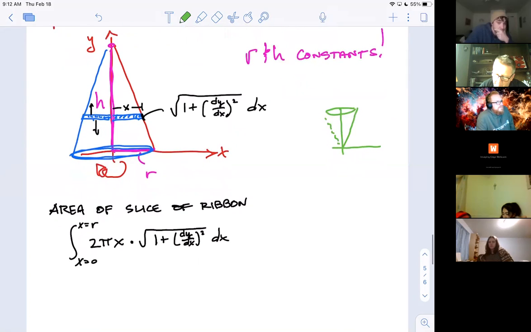So the only problem here is really this, right? What do I need to do to get that? Well, I've got to have some kind of an equation. I've got to have an equation that says y equals with x's on this side. Well, that's just a line.